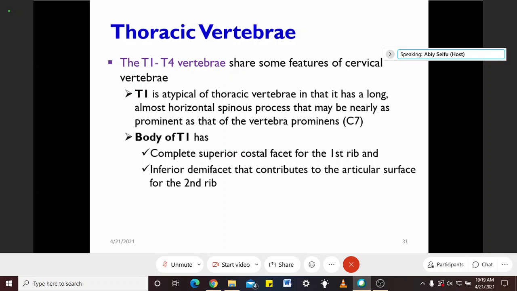Still, there is some variation in the thoracic vertebrae. For instance, the upper 4 thoracic vertebrae share some features of the cervical vertebrae.